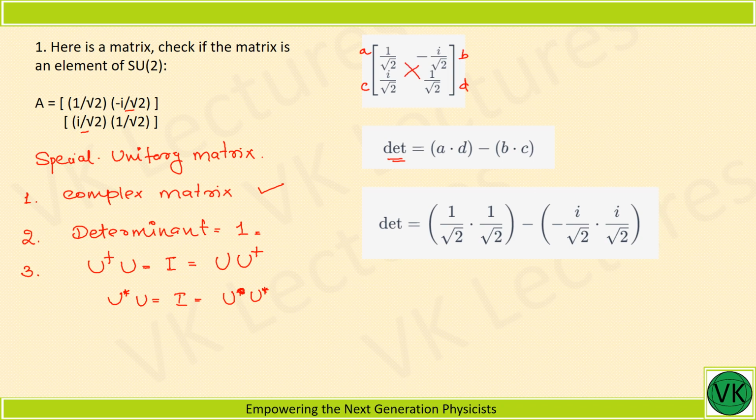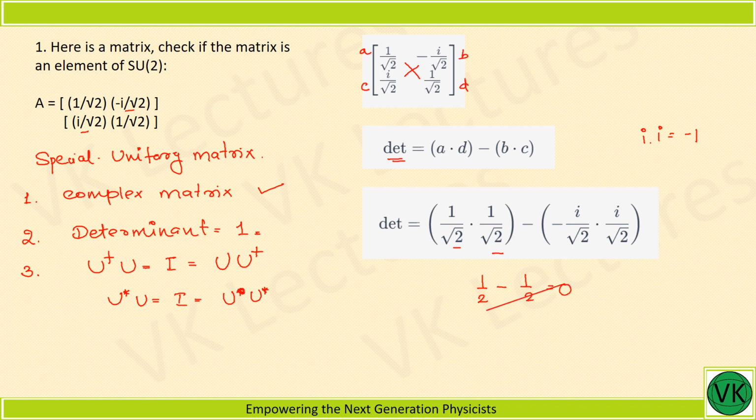So this gives us 1 by root 2 into 1 by root 2 minus I by root 2 into I by root 2. Now I into I is equal to minus 1, so minus and minus gives plus. So 1 by 2 minus 1 by 2, this is 0.